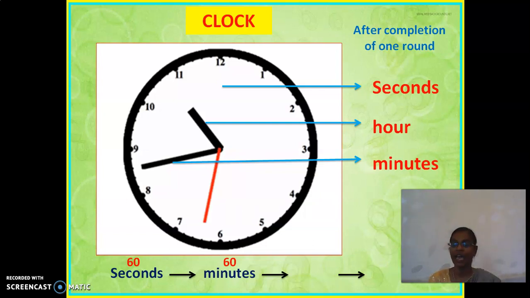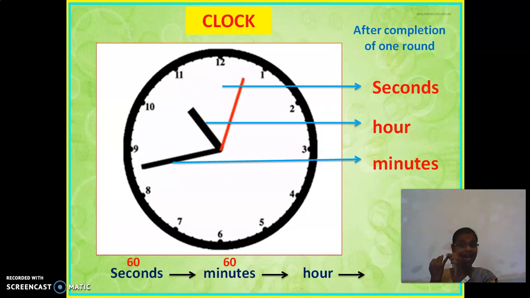And what about the minute hand? When the minute hand completes its full rotation, it is calculated as 60 minutes. And that 60 minutes is known as 1 hour. Okay. So what are the 3 hands we have? Seconds, minutes and hour hand.